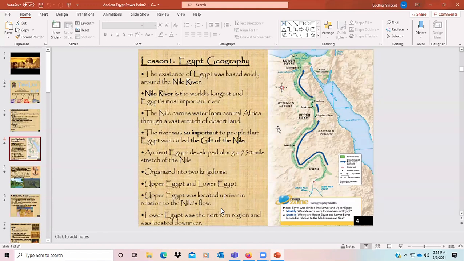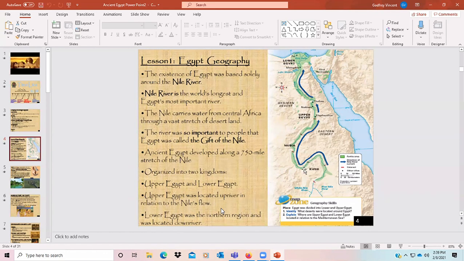But can anyone tell me what the two rivers in Mesopotamia are? Tigris and Euphrates. Right, whereas this is the Nile, but take note of this. There are two branches of the Nile, the White Nile and the Blue Nile. They are not two rivers, it's one river with two different tributaries.